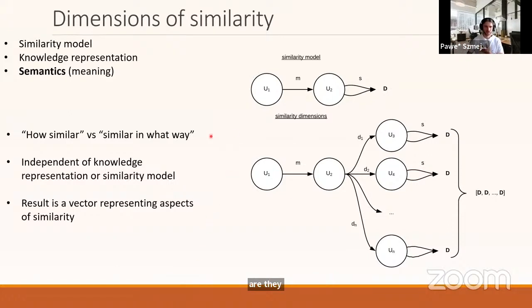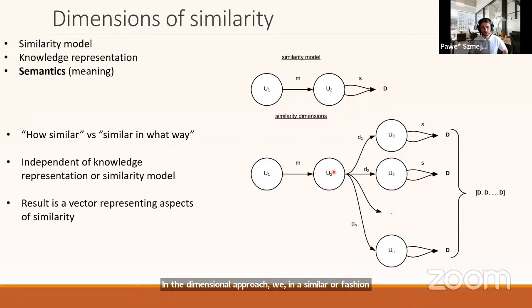So in the traditional similarity model, we have our universe of knowledge, so knowledge representation. Then we have the representation of the same knowledge for the purposes of calculating similarity, so our model of similarity. And we may have multiple similarity measures that arrive at a single result. In the dimensional approach, we, in a similar fashion, have our model of knowledge.